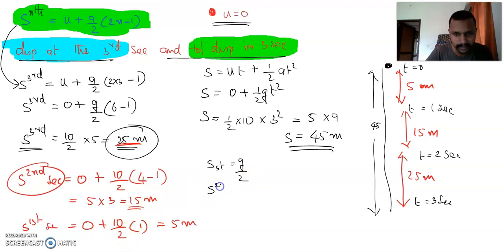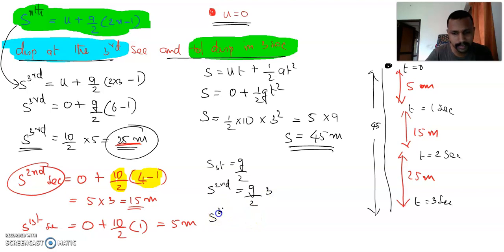Displacement at the second second, it was actually 10 by 2 into 4 minus 1, that is 4 minus 1 is actually 3. 10 by 2 is g by 2. Therefore, let me write it is g by 2 into 3.